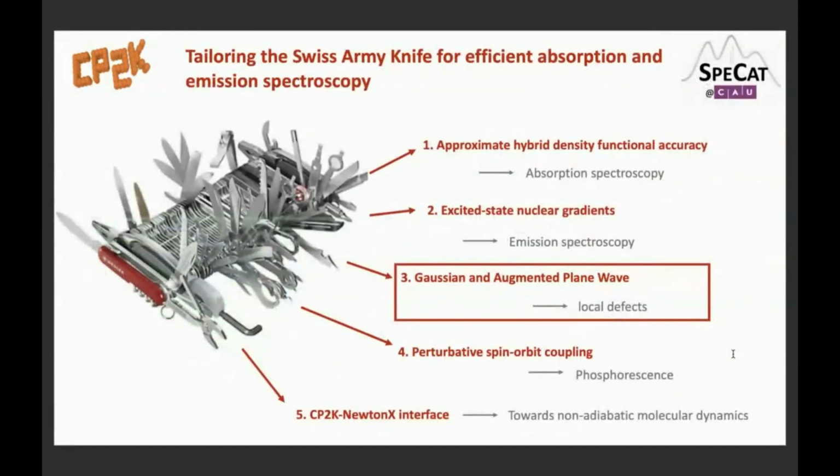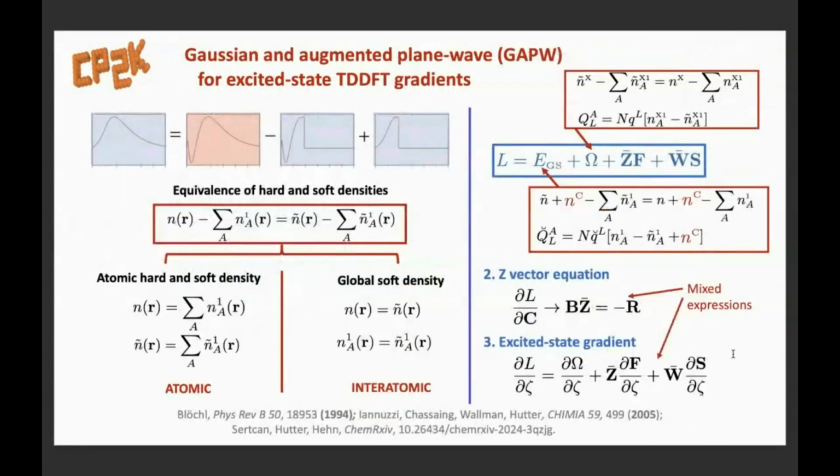And with this, I come to the last point that I would like to spend most time on, and that's the extension of the GPW framework to Gaussian and augmented plane waves. So as I said in the beginning, in CP2K, we're relying on this GPW framework, but we just recently extended the excited state gradient implementation to GAPW.